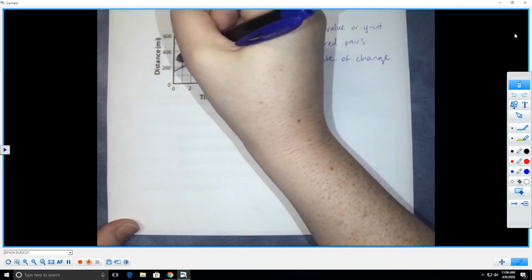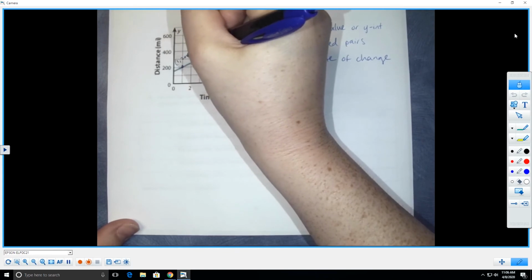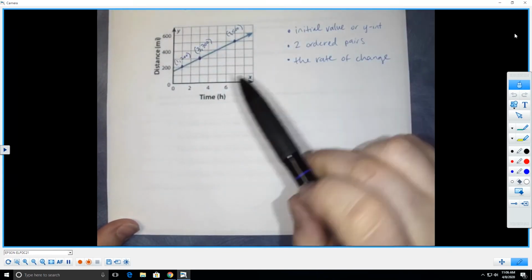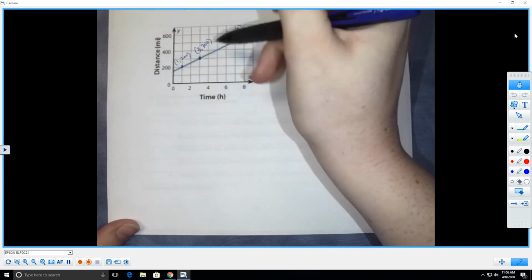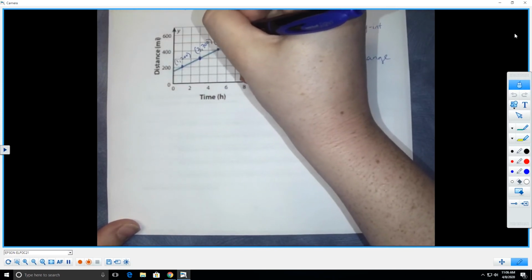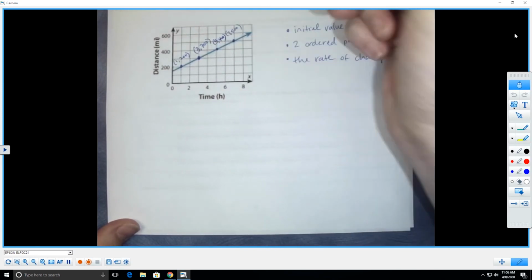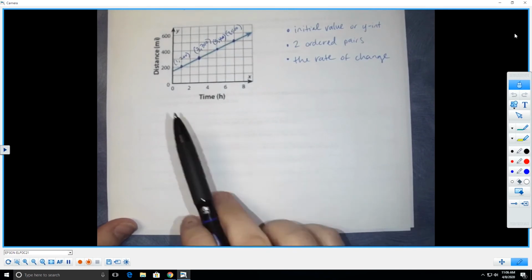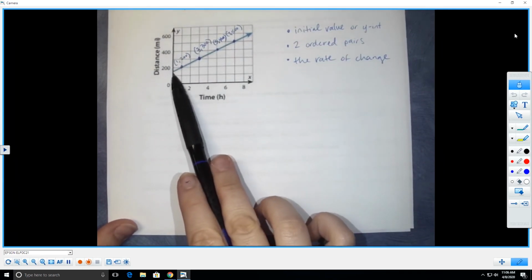I did too. I saw this one at 200. And then I saw one at 400. So we've got quite a few points here that hit at exact integers, but we're a little uncertain of what this y-intercept was.